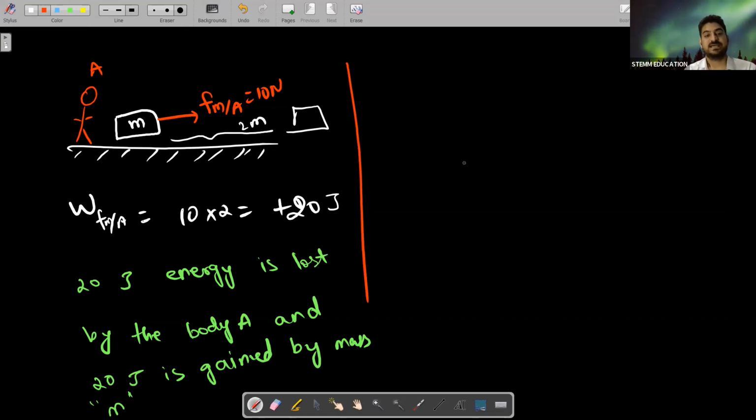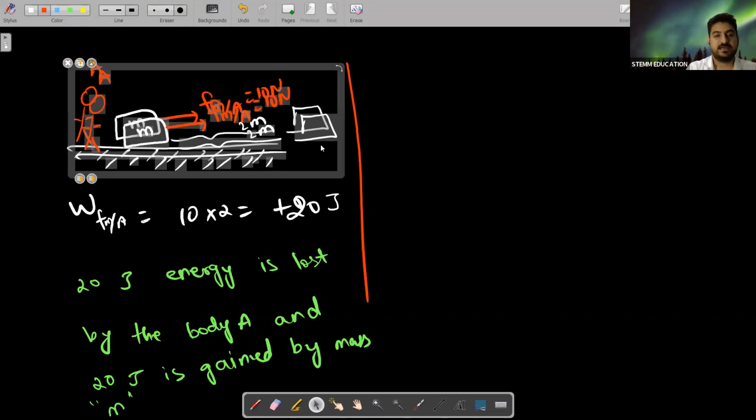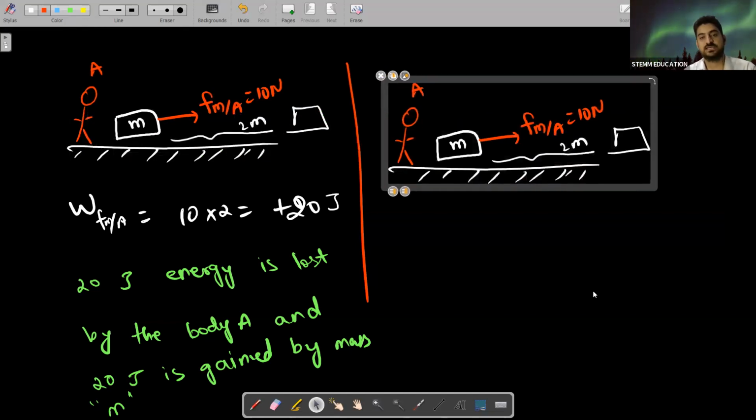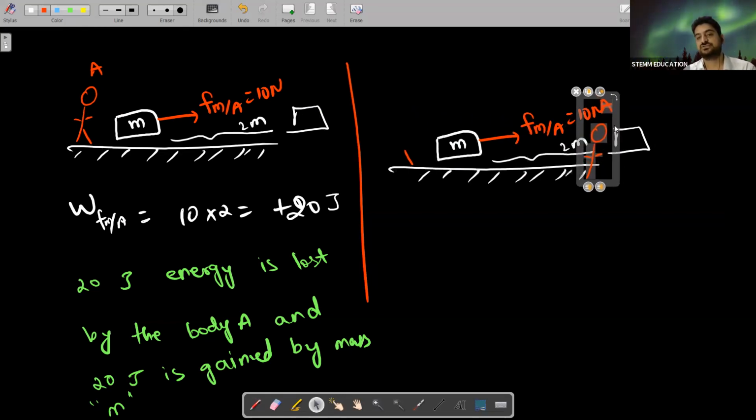Similarly, we can say that this whole situation can also be visualized in another fashion. If the block is moved by 2 meters, the man is also moved by 2 meters.